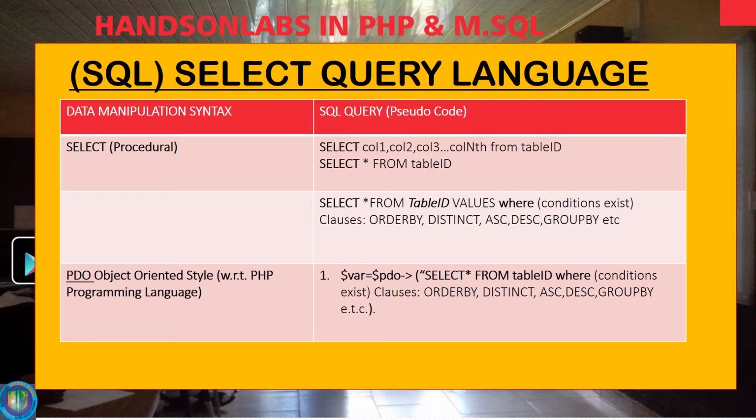And it takes various forms such as select column names from table ID, then select all from table ID, select all from table ID where certain conditions exist, and clauses that can be used include but are not limited to order by, distinct, ascending, descending, group by, and so on and so forth.